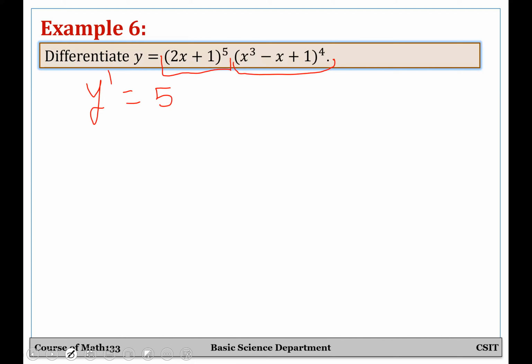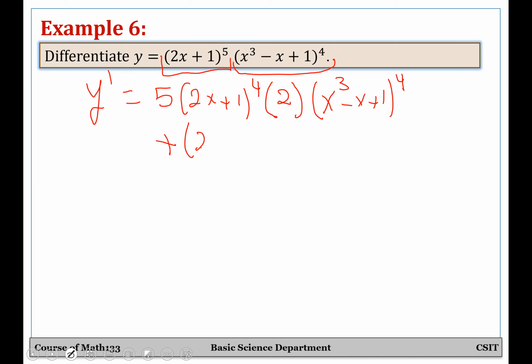So the derivative of the first one, it is 5, 2x plus 1 power 4, but don't forget the chain rule. So times the derivative of 2x plus 1, which is 2, times the second function without derivative. So x cubed minus x plus 1 power 4 plus 2x plus 1 power 5 without derivative.